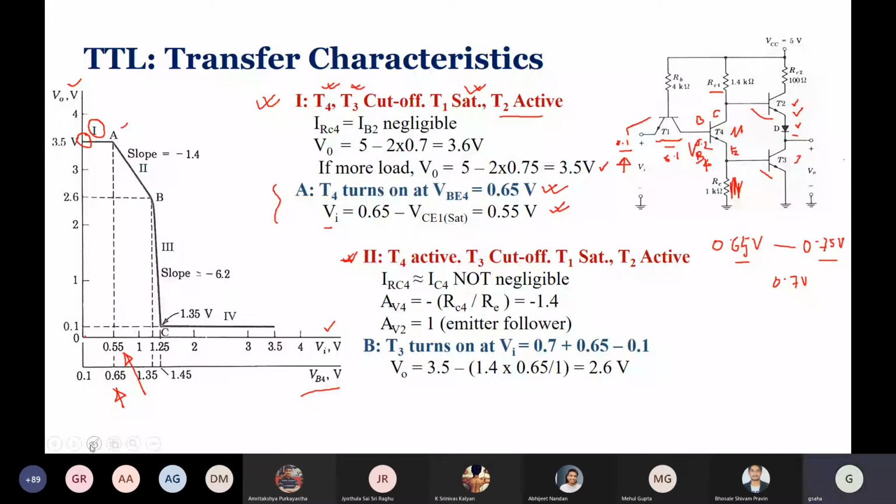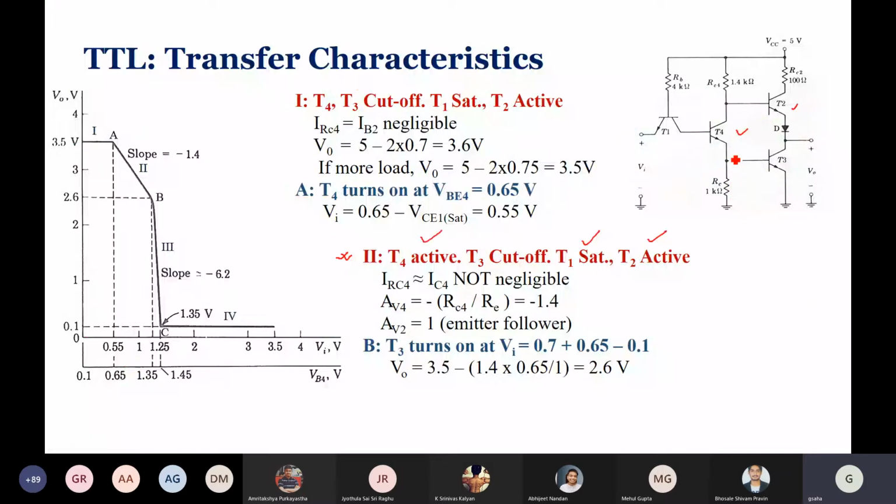And T3, though it has started, depends on the amount of current flowing via this RC, and if it is adequate, then only T3 will turn on. That means it is of the order of 0.65, 0.7 volt, and here we are considering 0.65 volt.